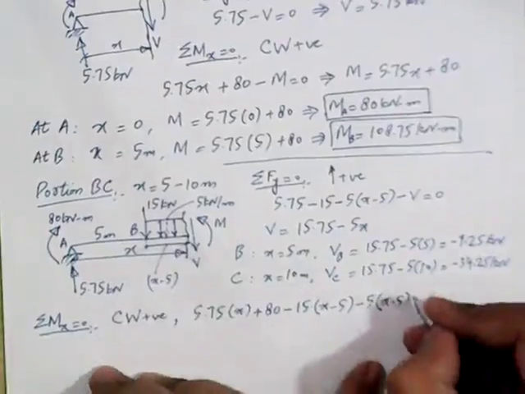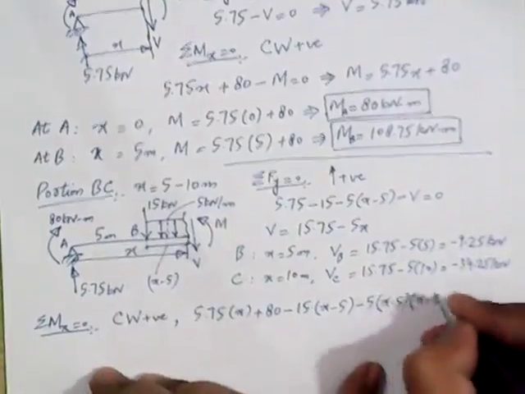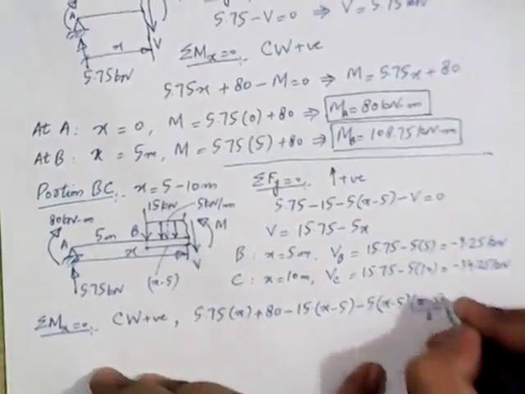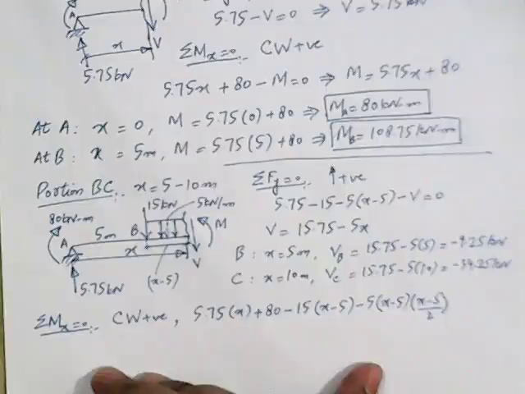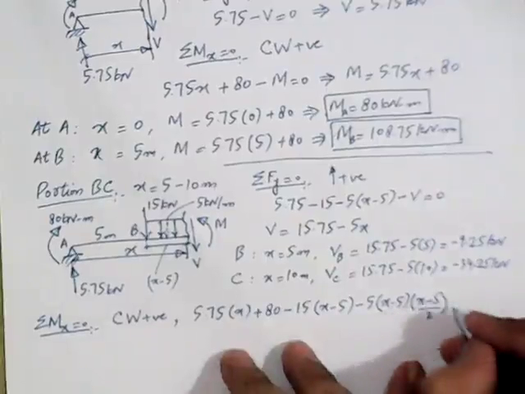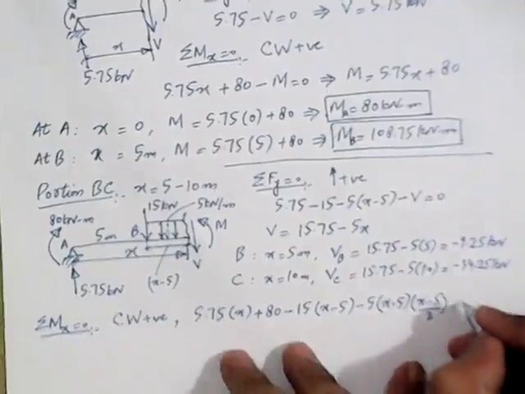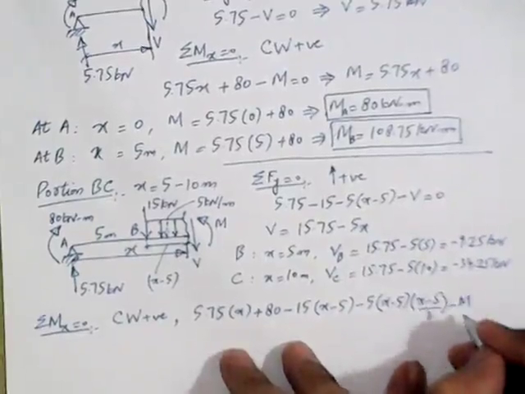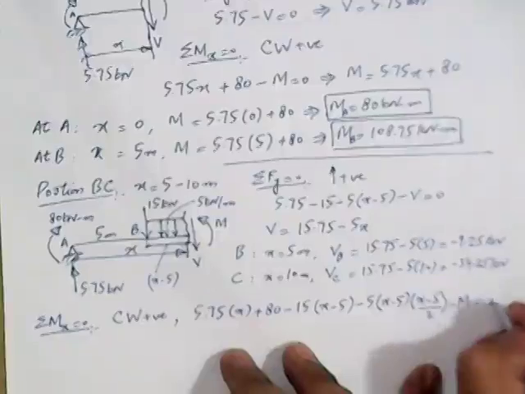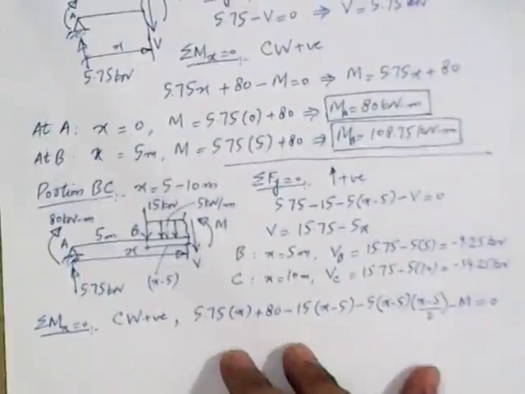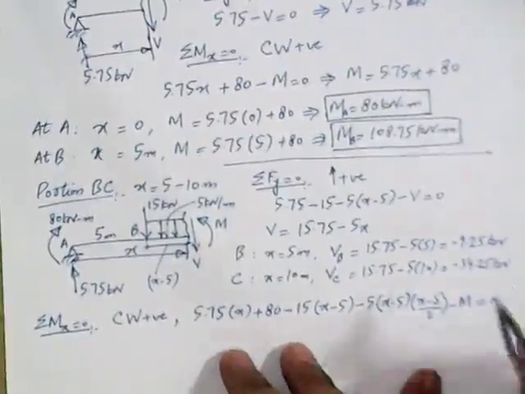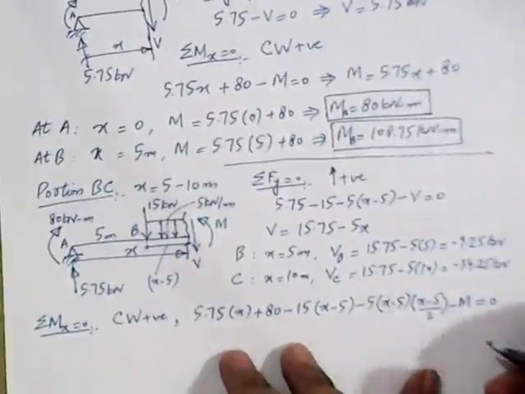So how much will be the lever arm? It will be x minus 5 divided by 2. And then this minus M, which is acting in counterclockwise direction, and this should be equal to 0. So in this way, we have written the equation of moment for portion BC.